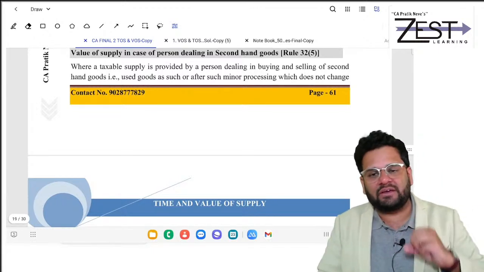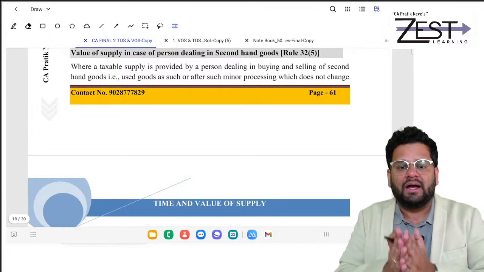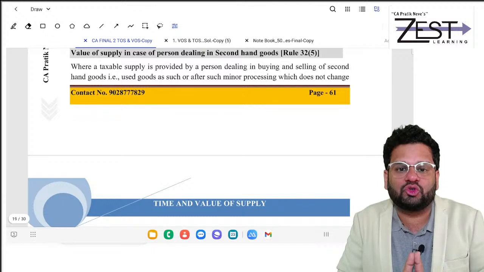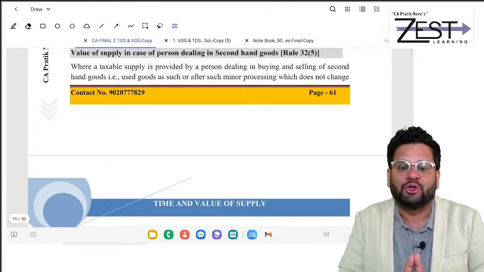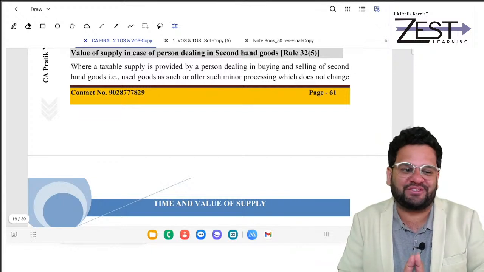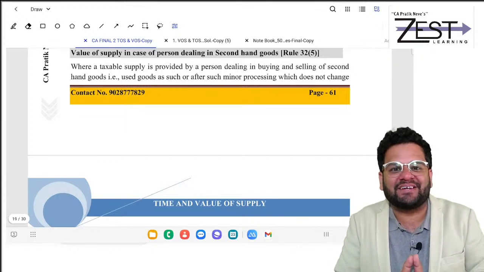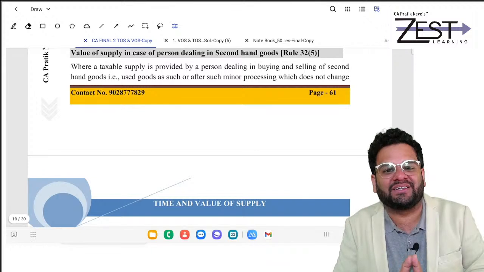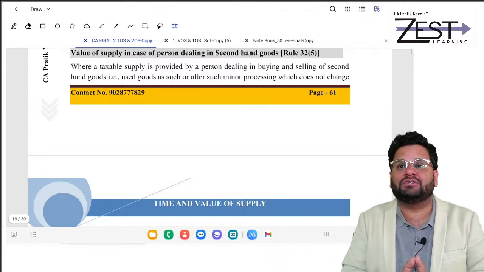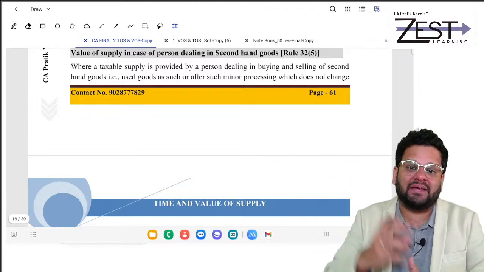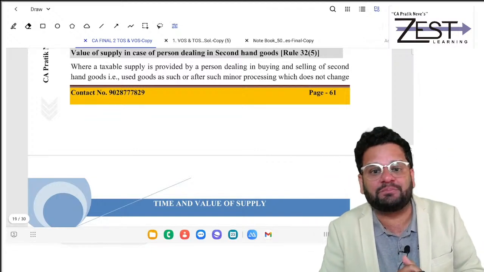So 32.5 is what? I am selling goods, but those goods are second hand goods. Getting it? So in that, directly sale price may not be taken as accessible value. Why so? Because I might be buying goods from an unregistered person.